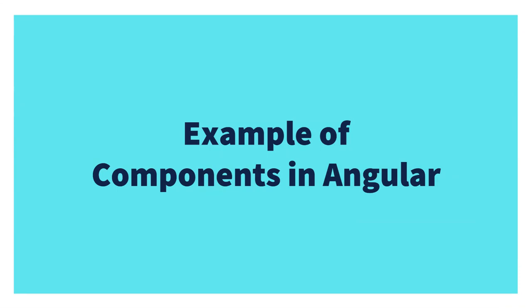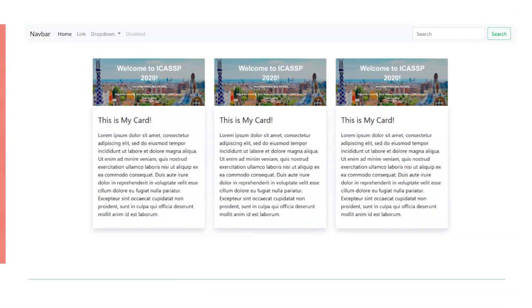Let's look at some examples of components in Angular. If we look at this website, we can see that there is one card, and these are two exactly same cards. Earlier, with our HTML, CSS, and JavaScript approach, we would need to copy paste the whole element which was creating this particular card three times to make this page.